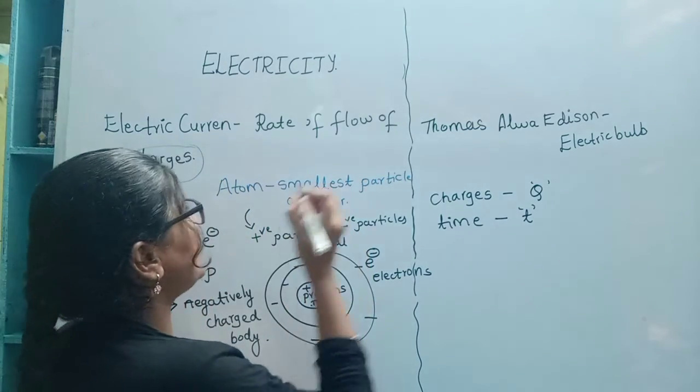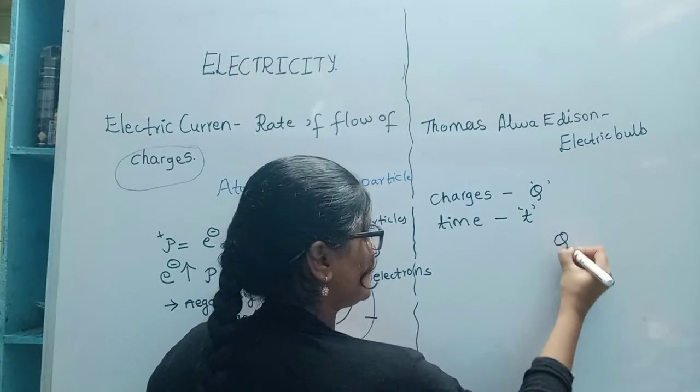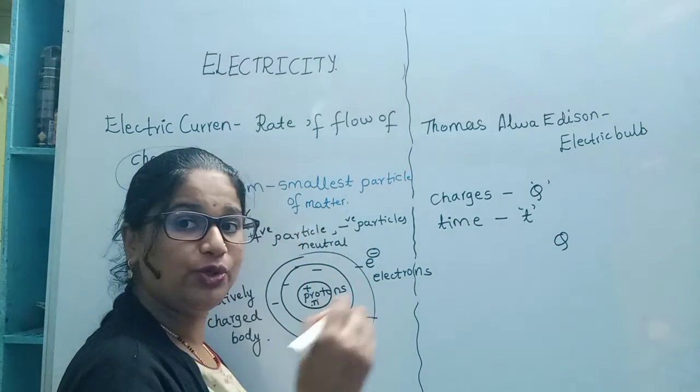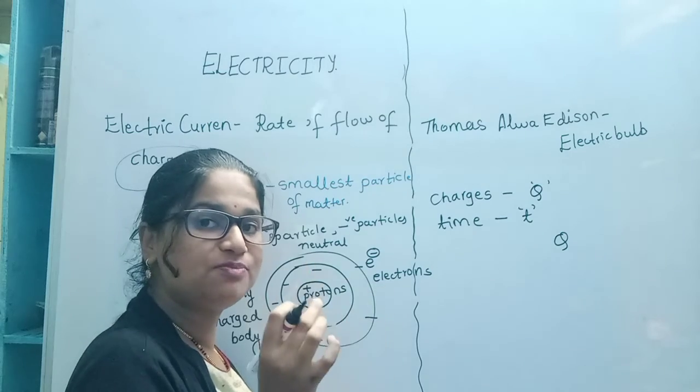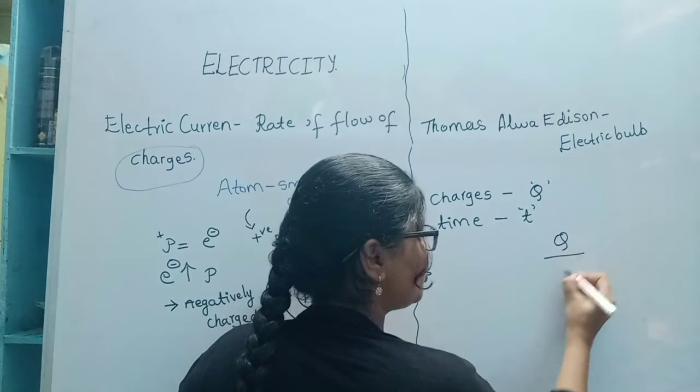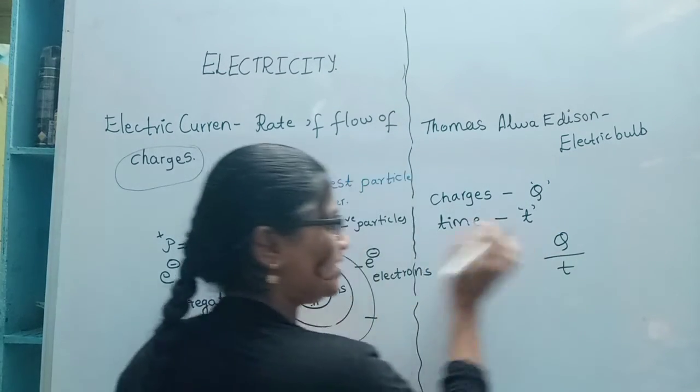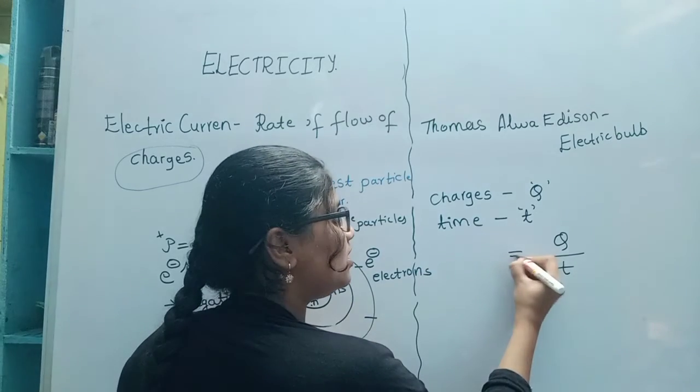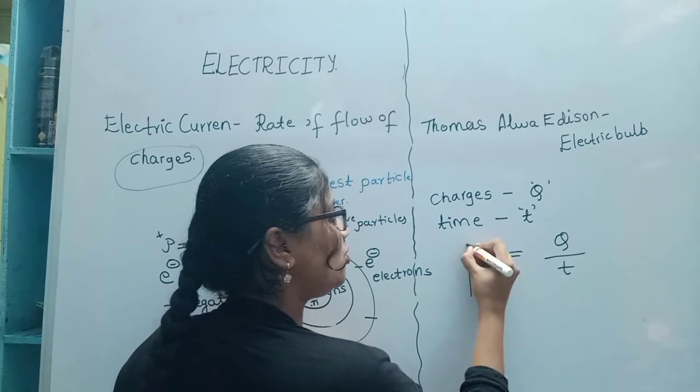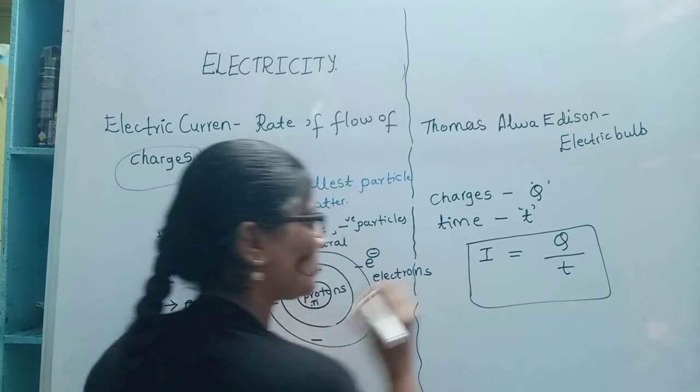So the flow of charges, Q, per unit time, where per means division, by t, will give us the current. So this is the equation of the current.